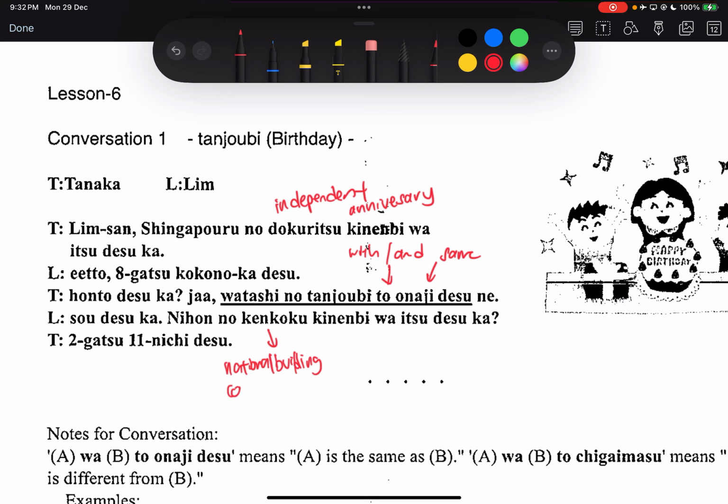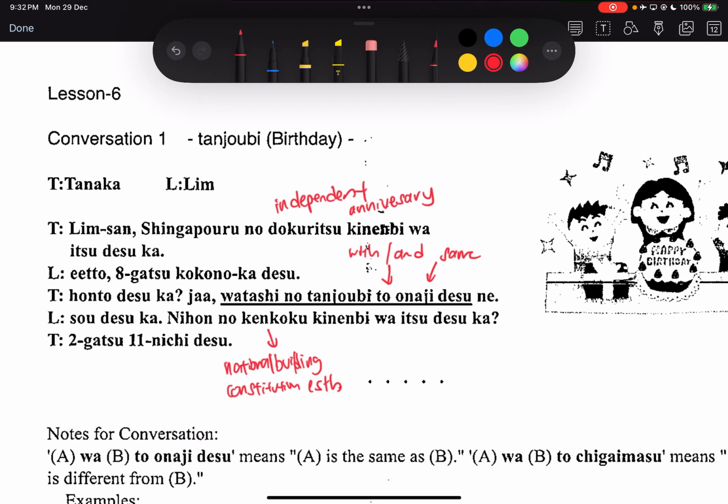So in Japan, the English name for this is Constitution Day, which means when their constitution started lah. If you know a bit of history, it is after the Meiji Restoration. Okay, so the date is 2月11日です。So February 11.